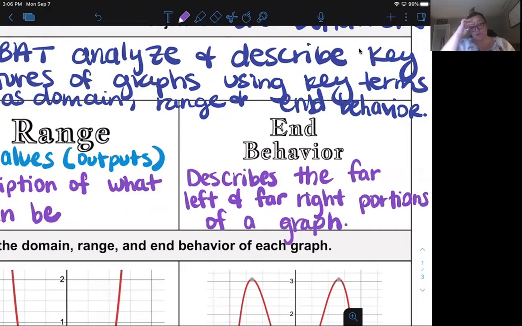So today you're going to learn how to describe a graph by describing what its domain is, its range, as well as its end behavior. So let me show you some examples.